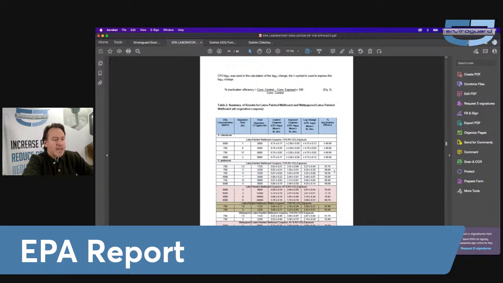And the only times that we see a 4 log kill rate of 99.99% is either at 750 parts per million at a 3-hour exposure, or 3,000 parts per million over 3 hours, for a total of 9,000 parts per million, and we get that 4 log rate as well.